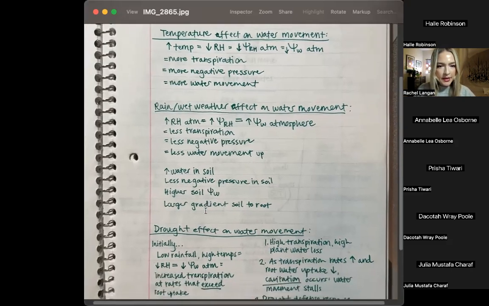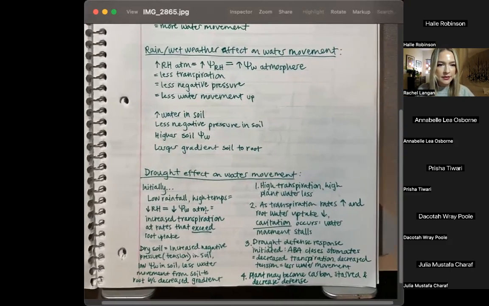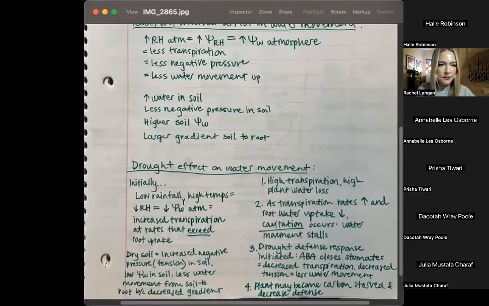Okay, and then the drought effect. Initially, a drought means low rainfall and high temperatures. So you should think low rainfall and high temps, which is going to make the relative humidity decrease.